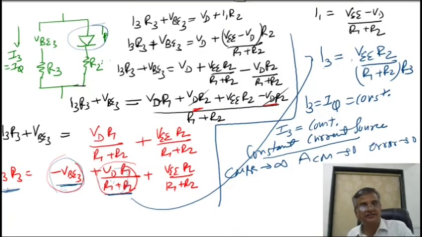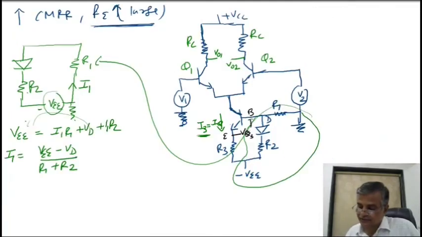As a result, with temperature VB3 changes and VD changes. If with temperature VB increases, then VD also increases, so the effect will be cancelled. If VB3 decreases, then VD decreases, and the effect will be cancelled. So to get thermal stability with temperature, the diode is added.